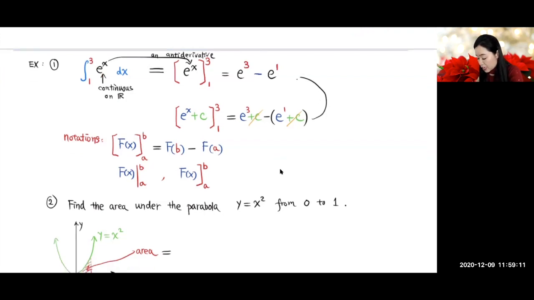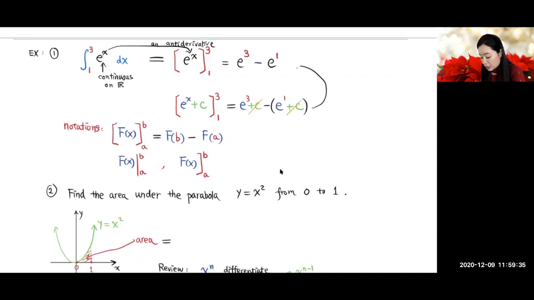Notice that if you do that, the constants are going to subtract out, giving you the same answer that you got over here. So it really doesn't matter whether you put a plus c or not. For simplicity, we don't put a plus c here, so just put e to the x.